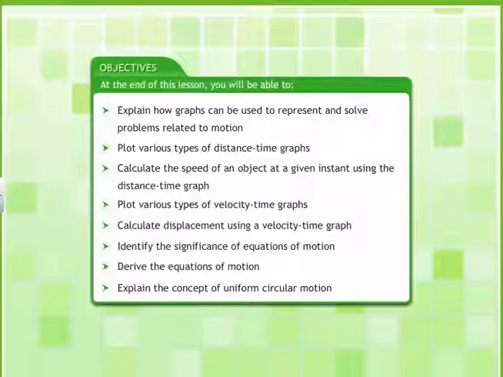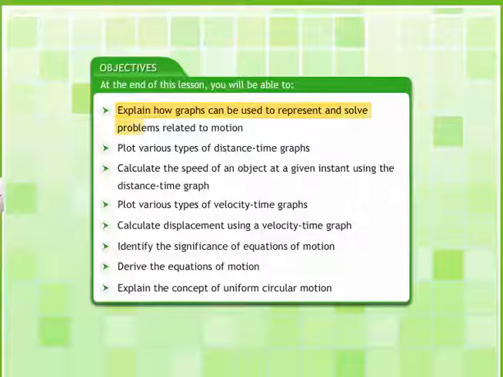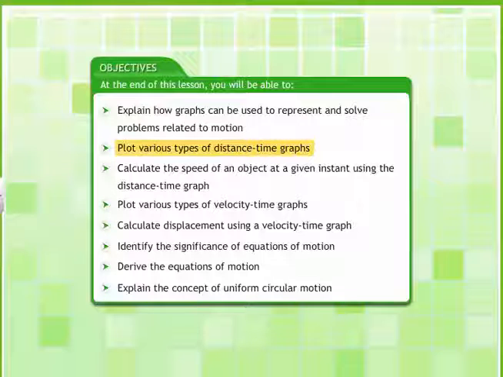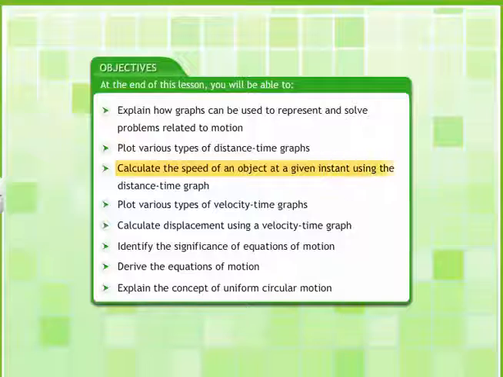At the end of this lesson, you will be able to explain how graphs can be used to represent and solve problems related to motion. Plot various types of distance-time graphs. Calculate the speed of an object at a given instant using the distance-time graph.